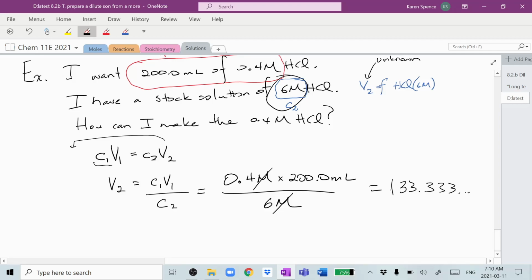133.333, etc. milliliters. Now, if I was doing this to sig figs, well, let's make that 0.40 so it's not too stupid. And I would say 130 milliliters.